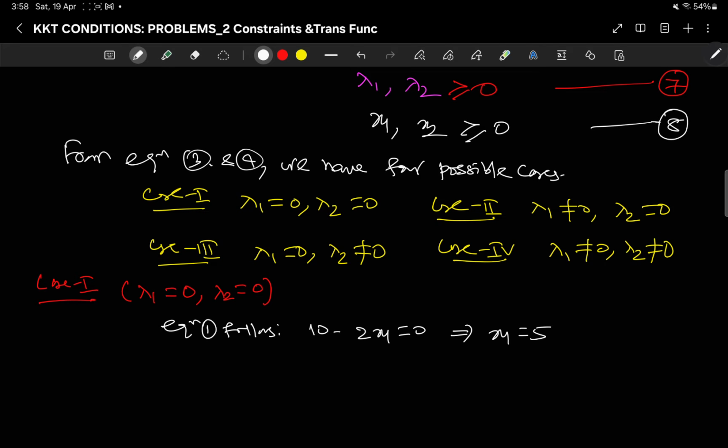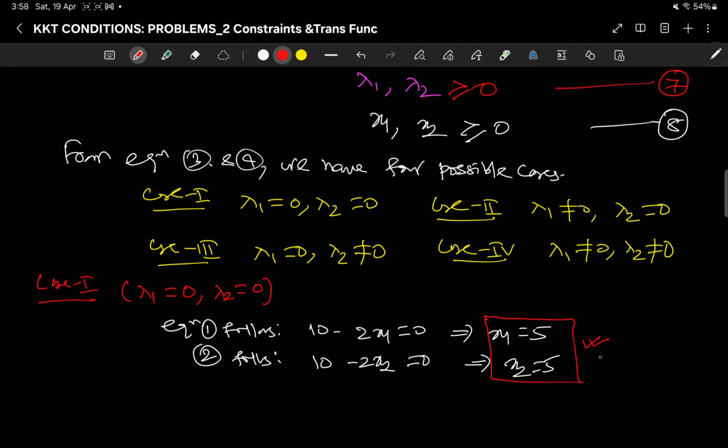Equation 2 follows: 10 minus 2x2 is equal to 0, so x2 is equal to 5. So we are getting x1 and x2 greater than or equal to 0.